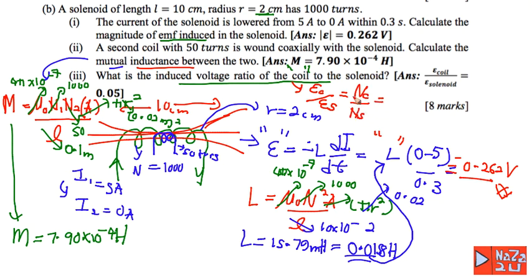The number of turns of the coil is 50 turns, and the number of turns of the solenoid is 1000. So the value of the ratio is 50 divided by 1000, which is equal to 0.05. Thank you.